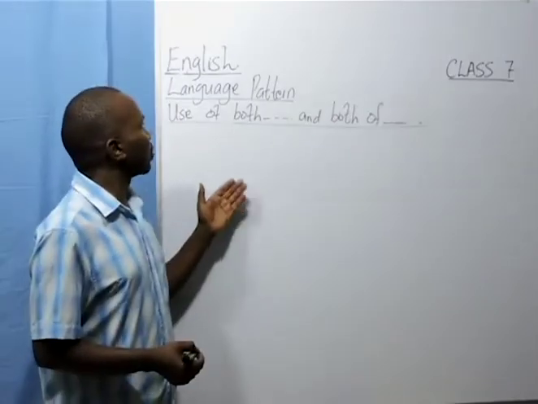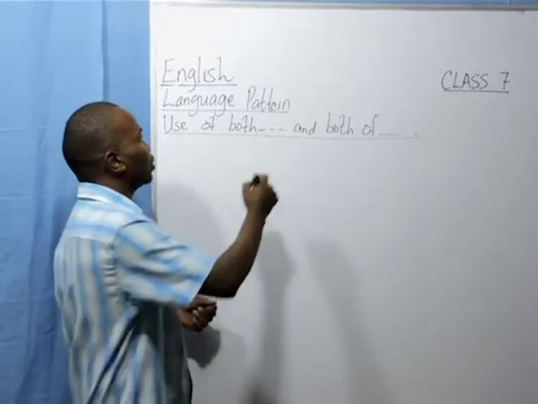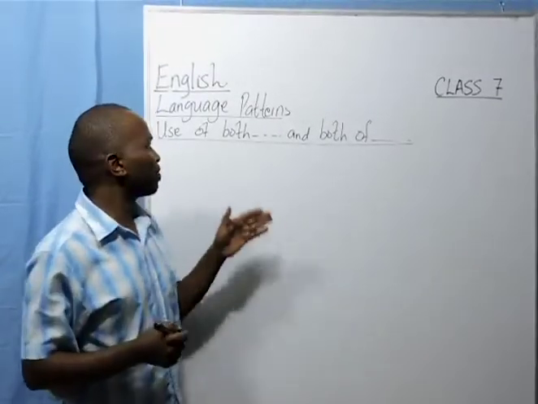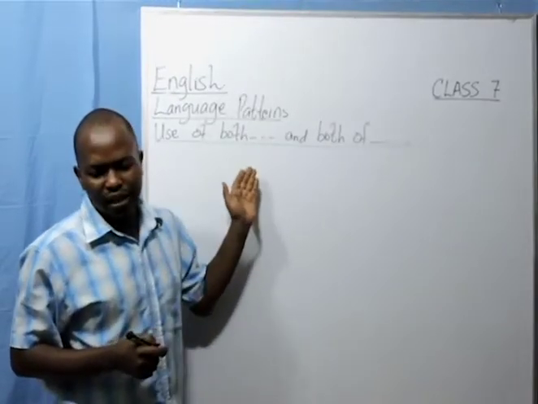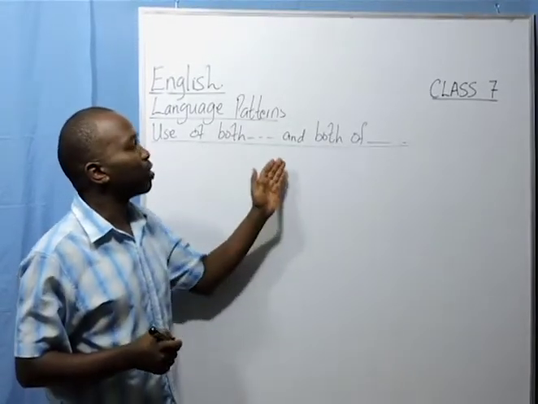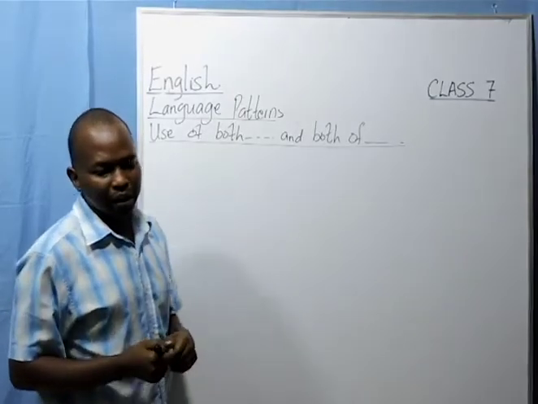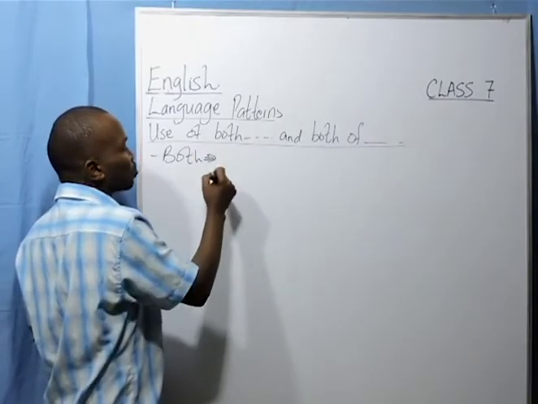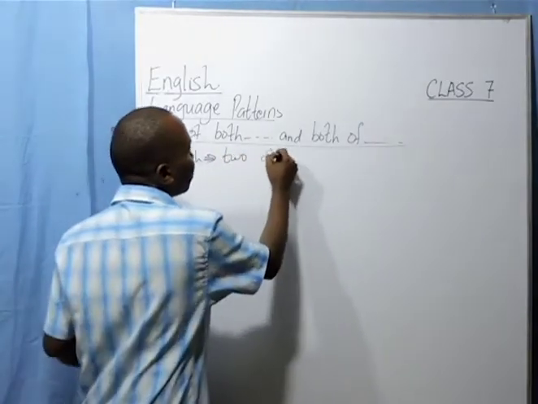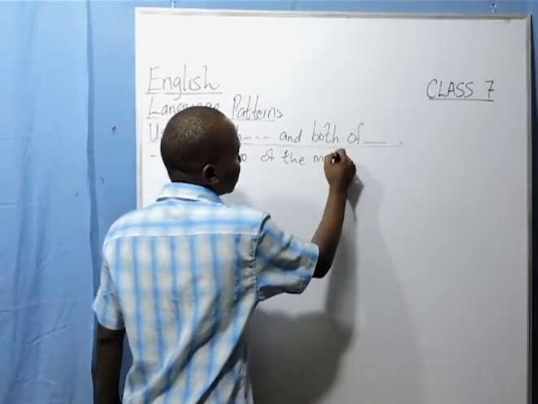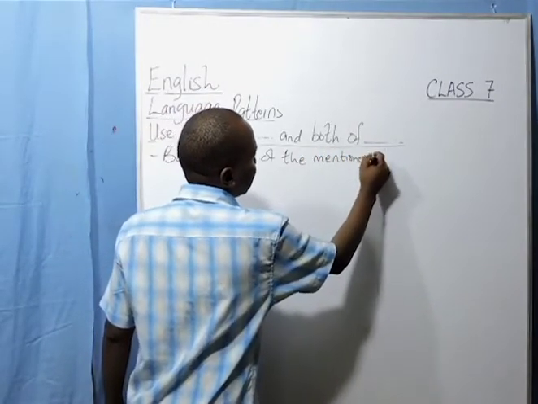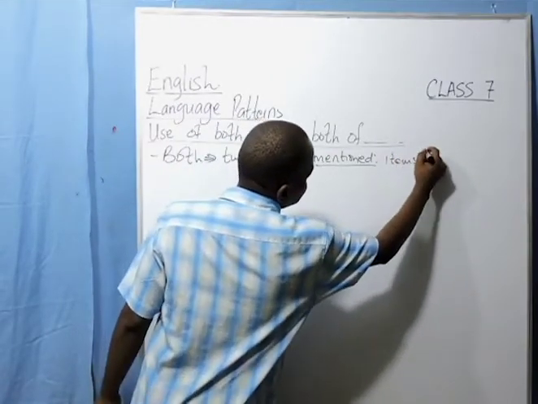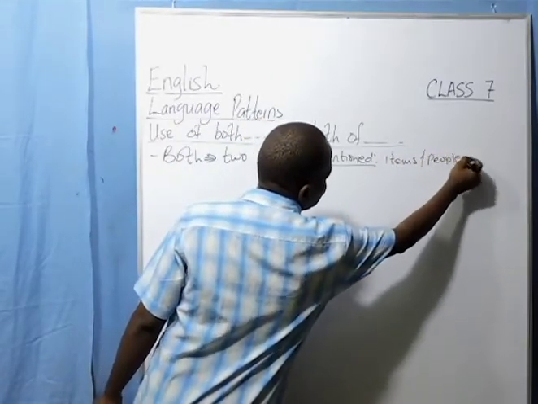Now today we're going to look at several language patterns in relation to the topic that you are in. One of the ones that we're going to look at is the use of both and both of. Now both is used to refer to two of the mentioned items or people.